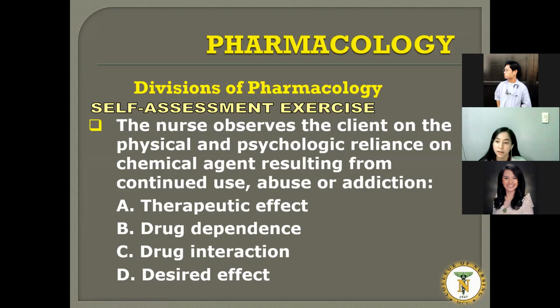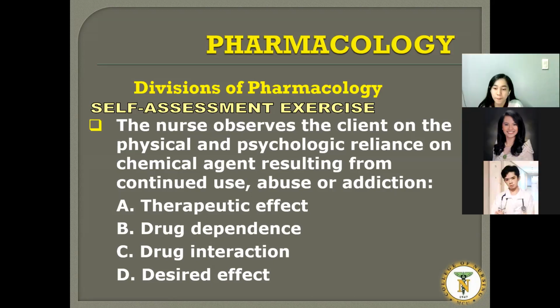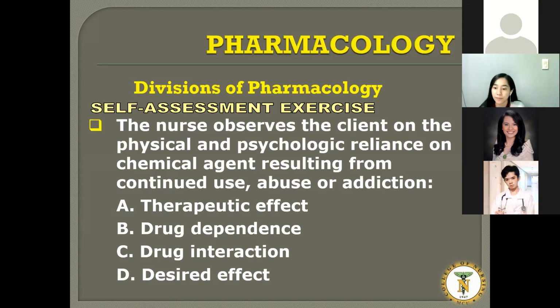Ay, reliance, ano na yan? Mag-drug abuse na yan. Pero somehow, di ba sabi ko sa inyo, it says resulting from continued use. Pag continued use, dun pa lang papasok si abuse or addiction. So don't be confused. So obviously, let's have Miss Micaela Llaneta. Drug dependence po.